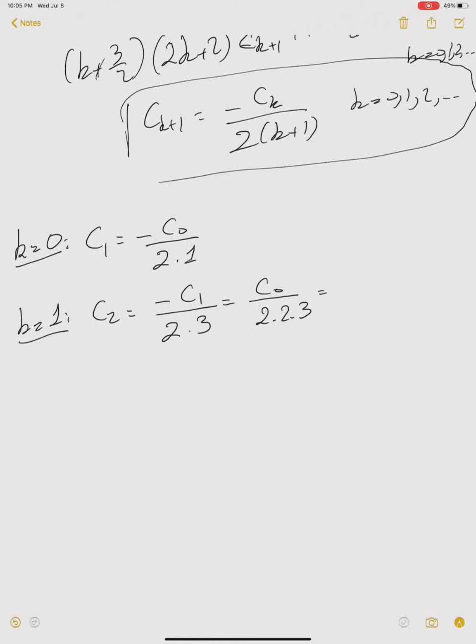And you will notice, I will tell you the pattern, but if you couldn't find it, then it's fine. You don't have to worry, but I will solve it in a way to show you what pattern we get.